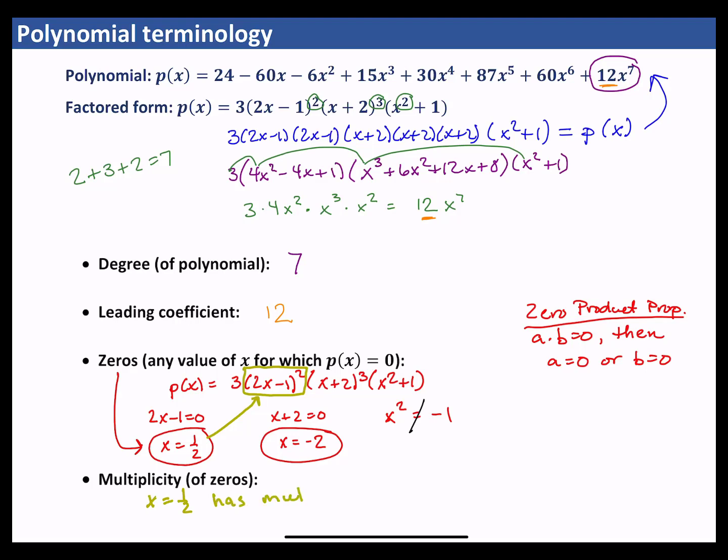That means the zero of x equals 1/2 has multiplicity 2. Similarly, the zero of x equals negative 2 is associated with the factor x plus 2, which was raised to the third power, and that means the zero of x equals negative 2 has multiplicity 3.